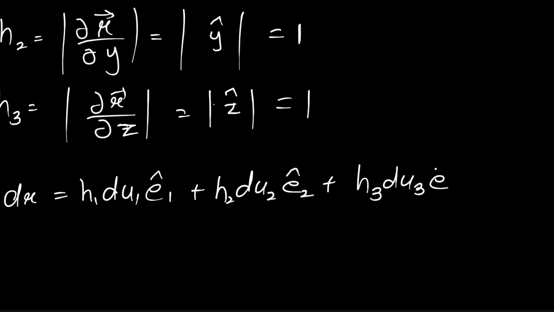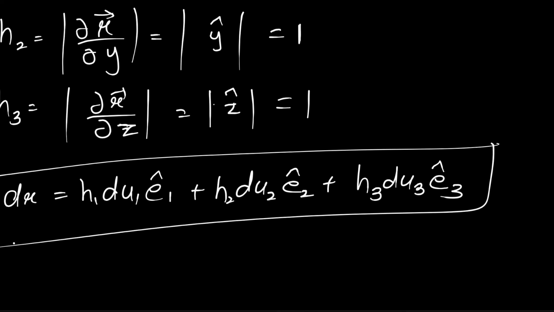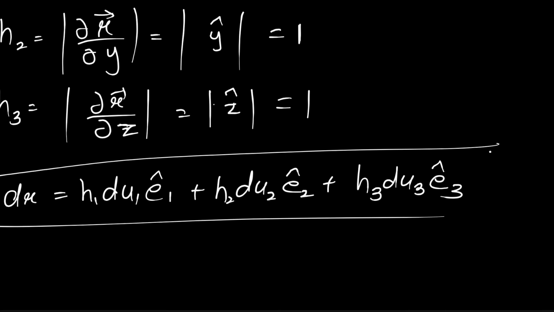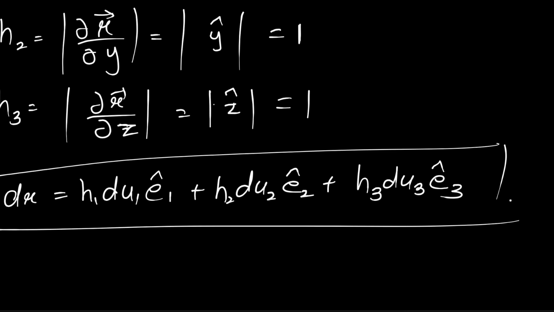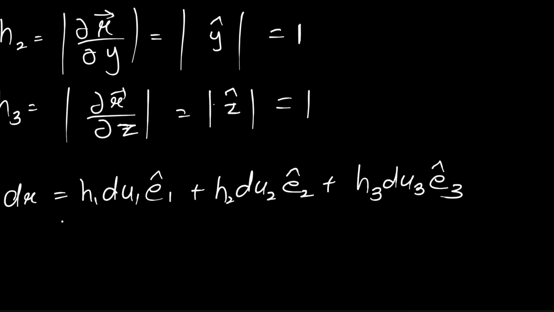You will get the idea of why I am writing it in the general form. This is the general form of the complete derivative, and you will get to know after some minutes.